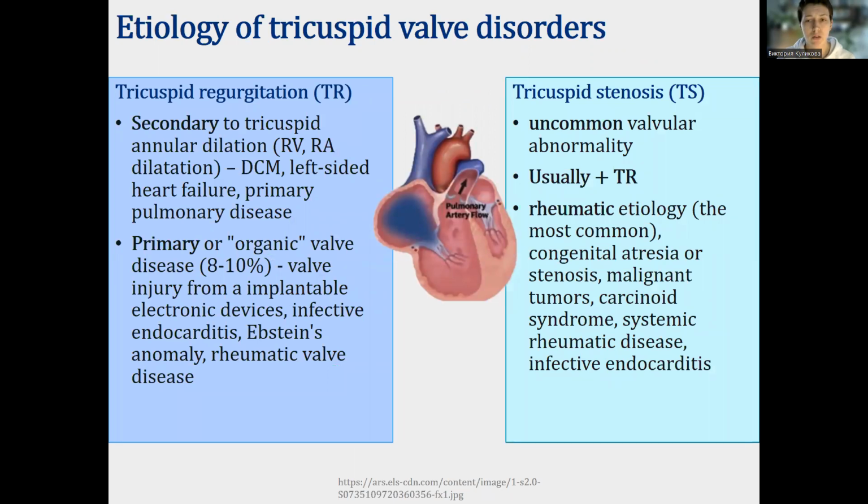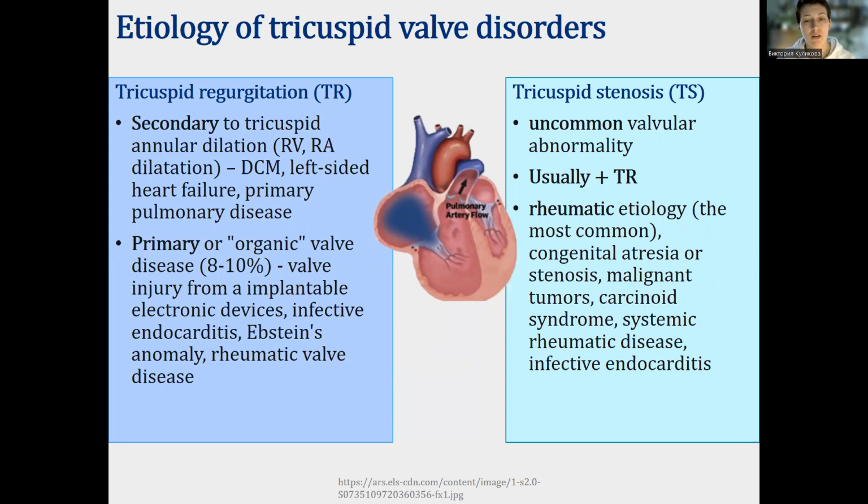The most common tricuspid regurgitation in adults is secondary. The cause of secondary tricuspid regurgitation is most likely dilatation of the right atrium and right ventricle with dilatation of the tricuspid annulus, and primary pulmonary disease.